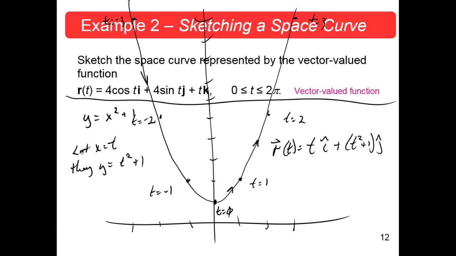If you had chosen something else to be your t, you could have fiddled around with things like if you chose y to be the t, then x would equal the square root of t minus 1, or something like that. But who wants to do that? Okay, then you would be really limited in what values t you could take on.